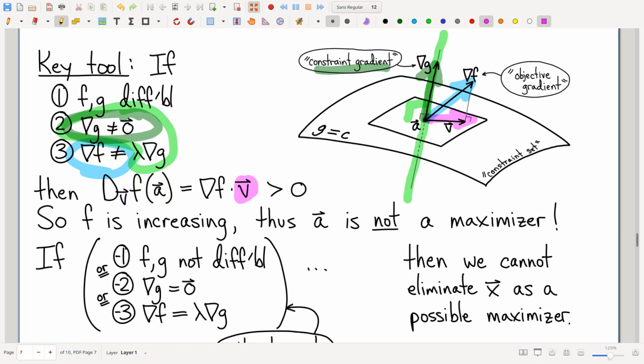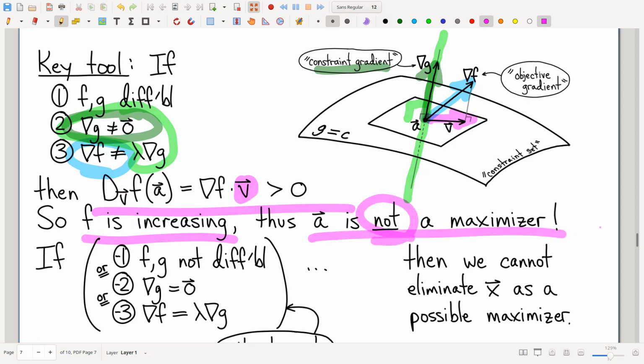And if I am moving in that purple direction with this blue gradient, then I have an acute angle there, and the directional derivative is positive, the function's increasing. This is not the maximizer we're looking for. That makes sense to everybody?